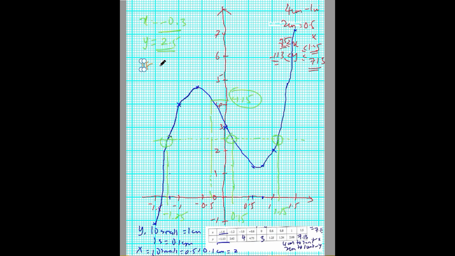If you draw smooth, so the value if x is equal to negative 0.3, y should be in between 4.05 and 4.15.